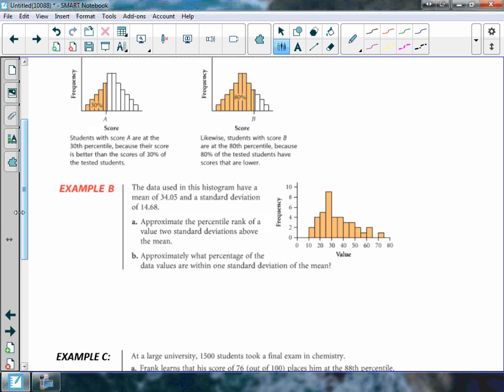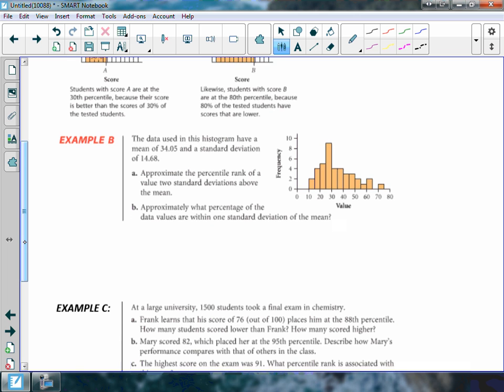So in example B, it says the data used in this histogram have a mean of 34.05 and a standard deviation of 14.68. In part A, we have to approximate the percentile rank of a value 2 standard deviations above the mean. We have to actually figure out what 2 standard deviations above the mean really is. If my mean is 34.05, we're going to add 2 standard deviations to the mean.